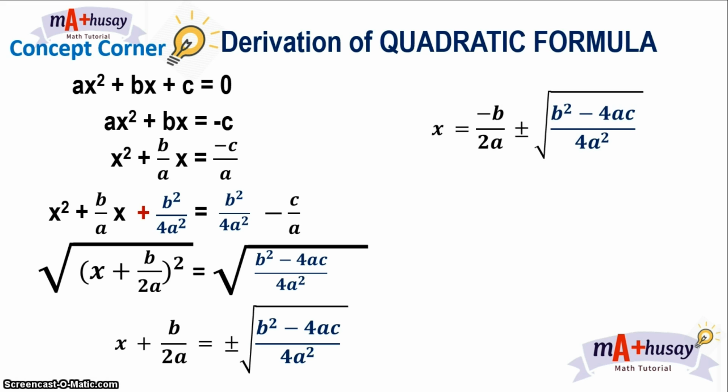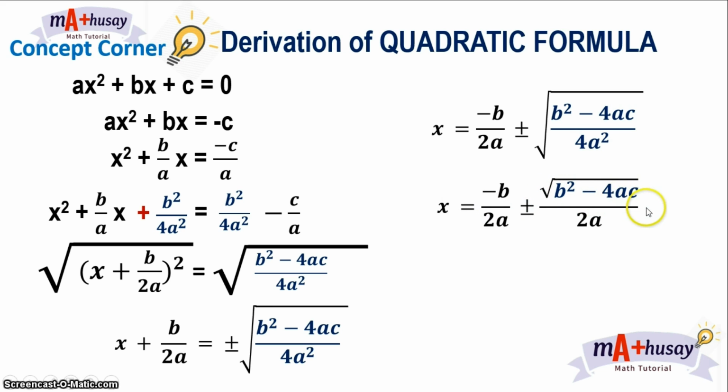So we have x equals negative b over 2a plus or minus the square root of b squared minus 4ac all over 4a squared. We can simplify 4a squared in the denominator because it is a perfect square. So you will have x is equal to negative b over 2a plus or minus the square root of b squared minus 4ac all over 2a.